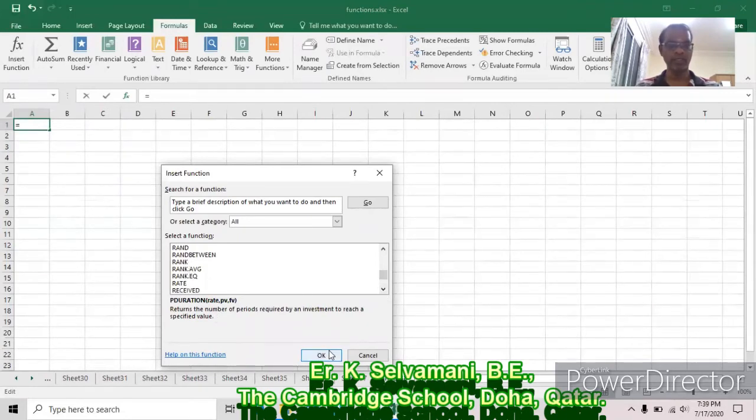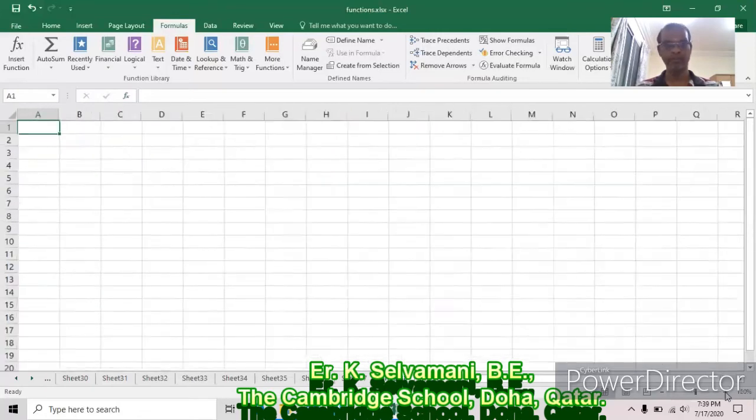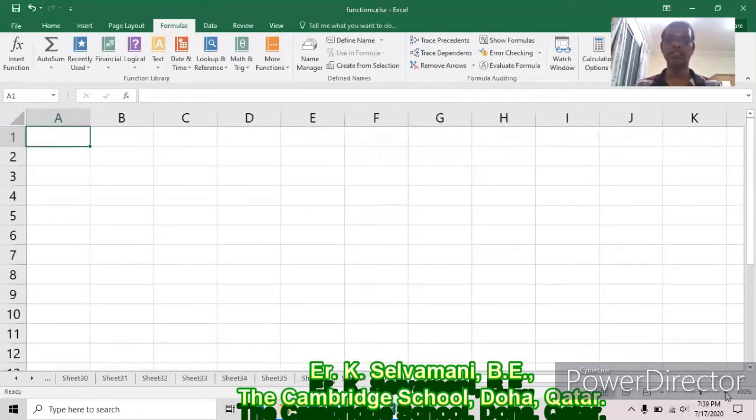Rank. This rank is also a very important function. In previous classes, we found out whether a student is pass or fail, how to find the total, the range, and the average. Now we would like to find out how to give rank after the exam is over. So many students have passed. I would like to give ranks for them. First rank, second rank, third rank.